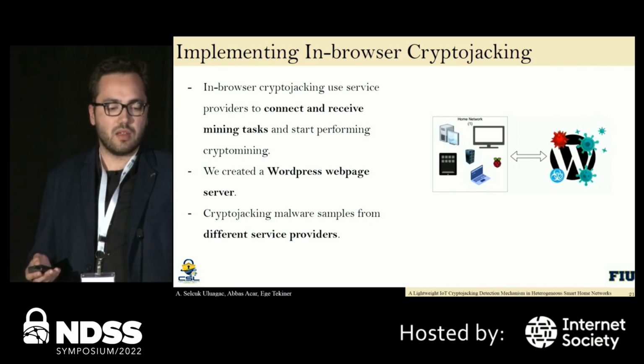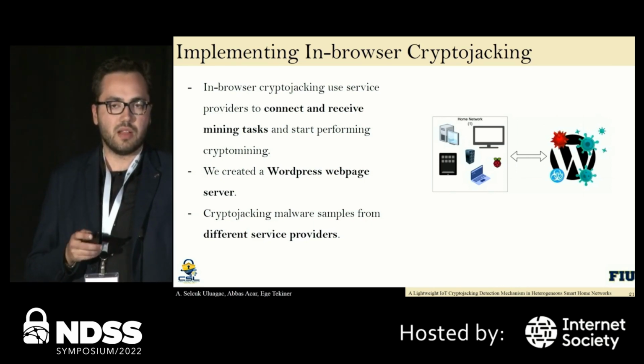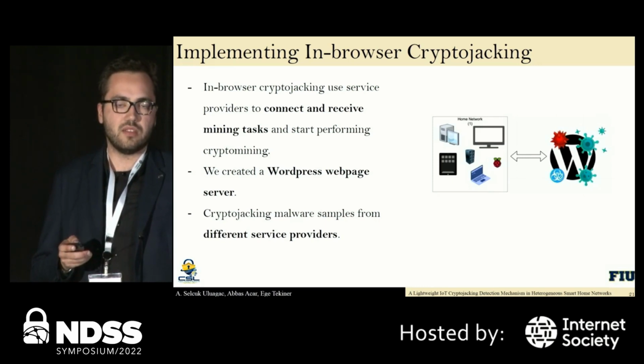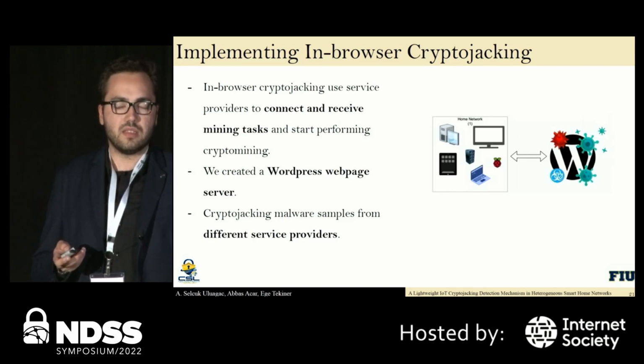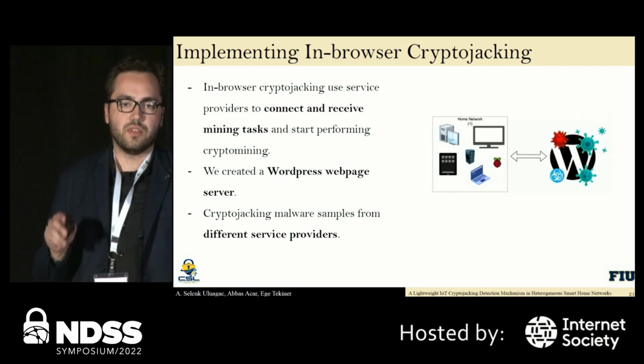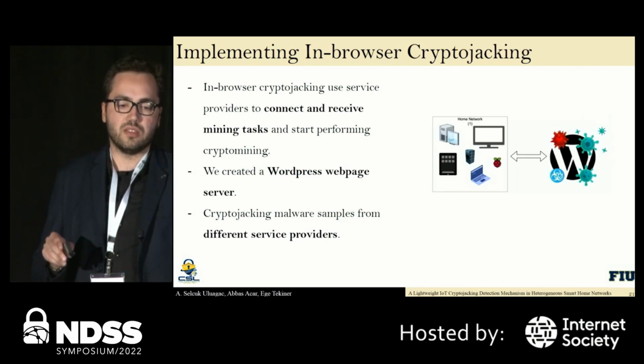We used cryptojacking malware samples from different service providers like webminepool and webmine.io. And we created a basic WordPress server to deploy these different cryptojacking malware samples and test them in our lab environment.